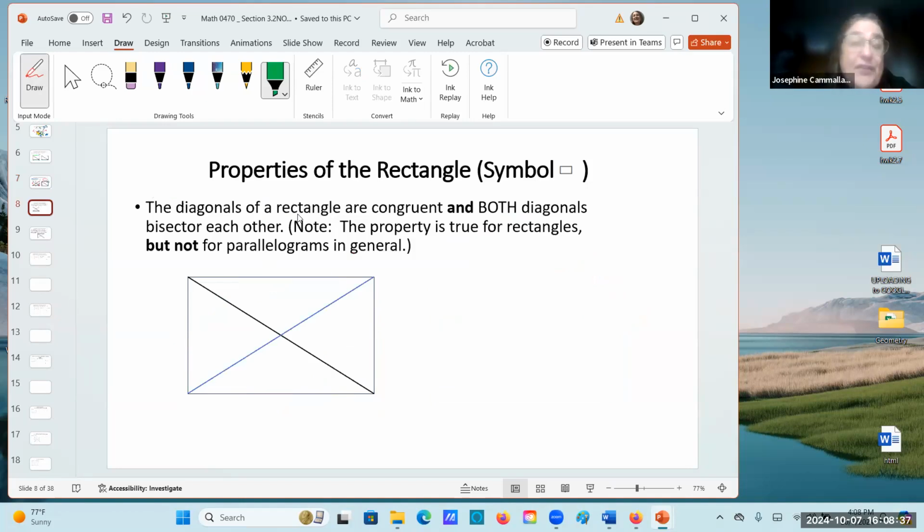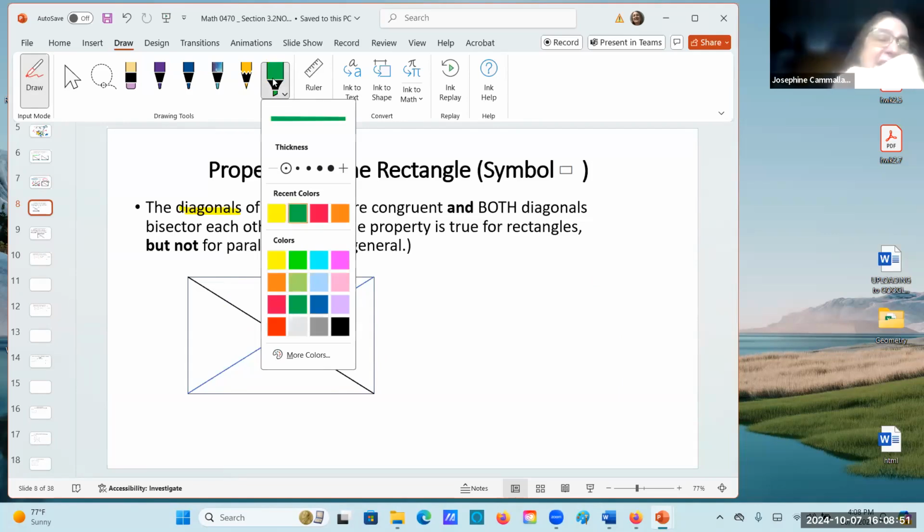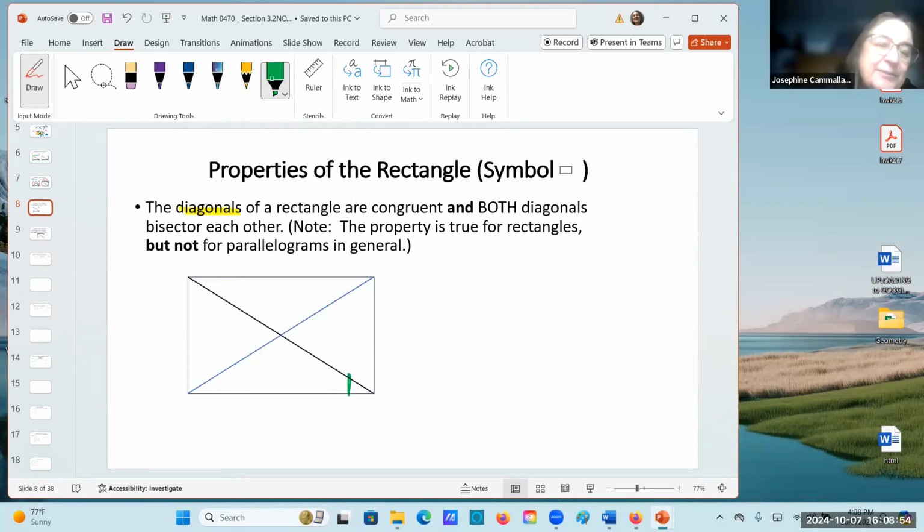Now, this is a fifth property, and this property deals with diagonals. Again, this has a box. That's what distinguishes it from a parallelogram. But the difference here is the black diagonal, and I'm going to give this letters.